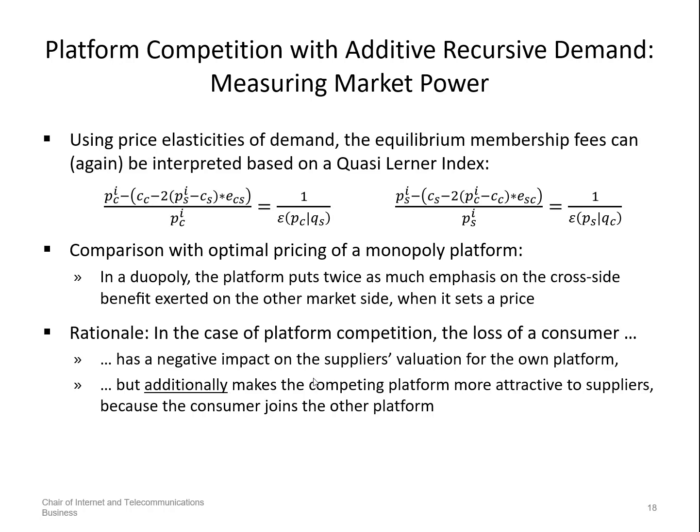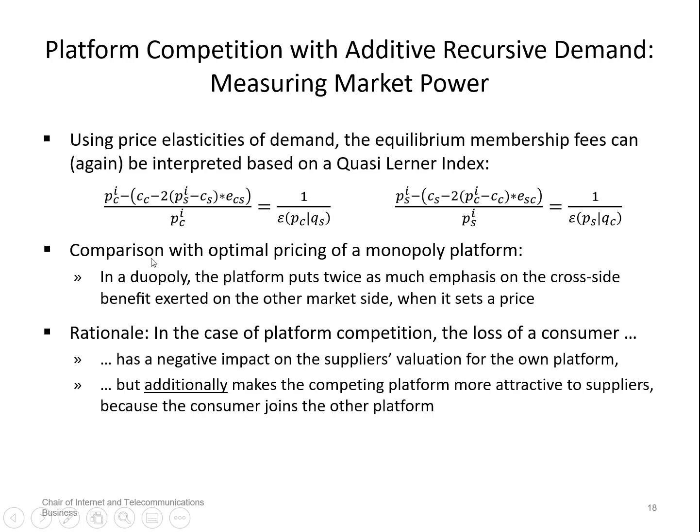Similarly, using price elasticity of demand, the equilibrium membership fees can again be interpreted based on a quasi-Lerner index, which is given below and which we get from the first order conditions. This is basically the elasticity of consumers given a price P^C and given a fixed number of suppliers.